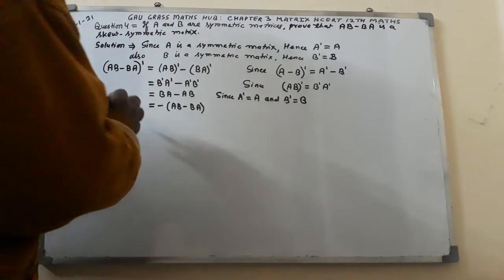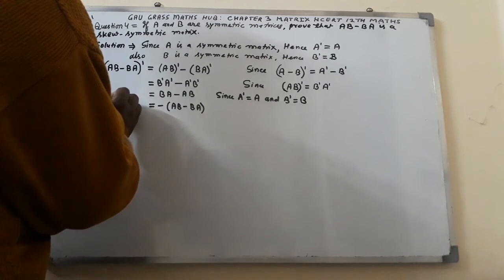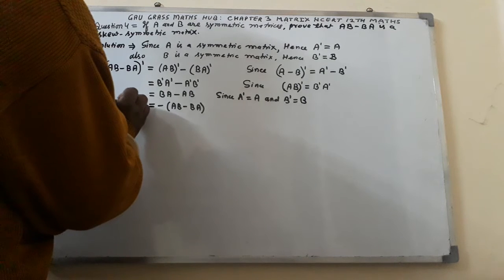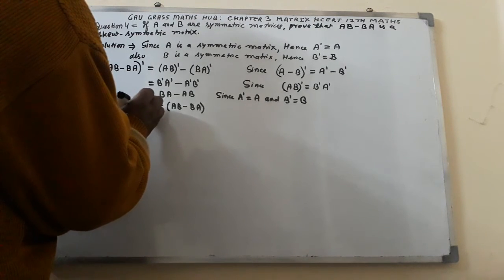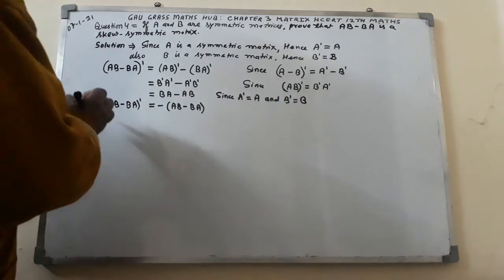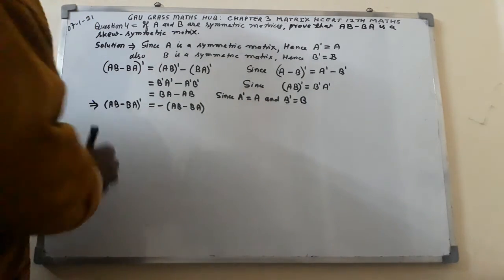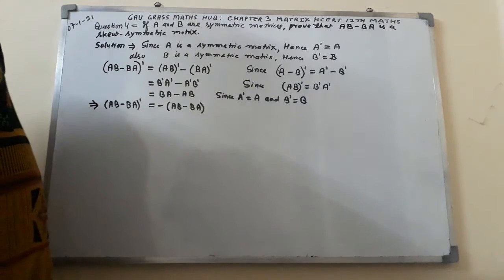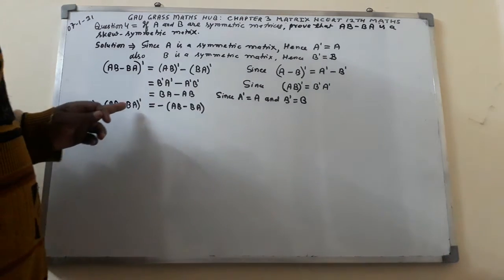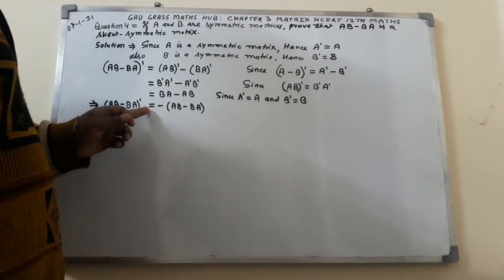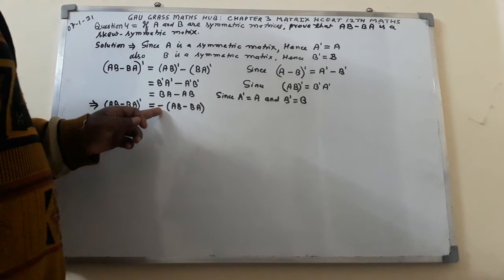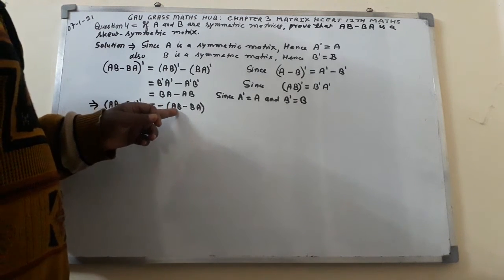This thing we will get. Here I shall write AB minus BA, this one, implies that the transpose of the matrix AB minus BA is equal to minus in bracket AB minus BA.